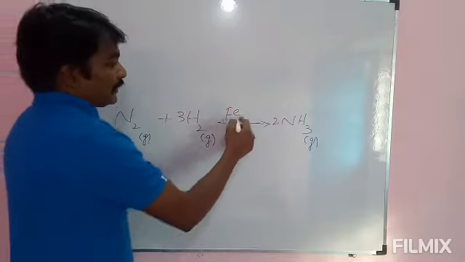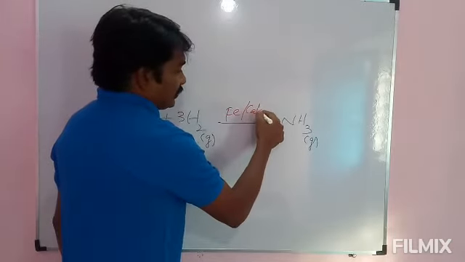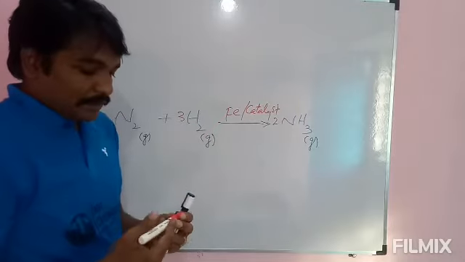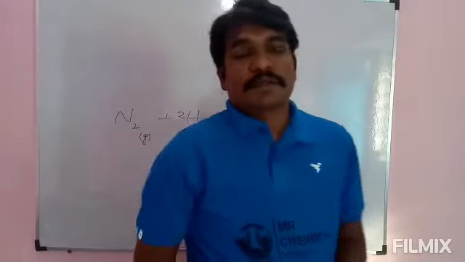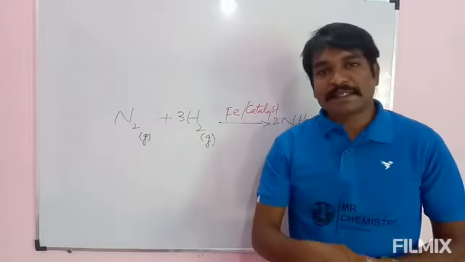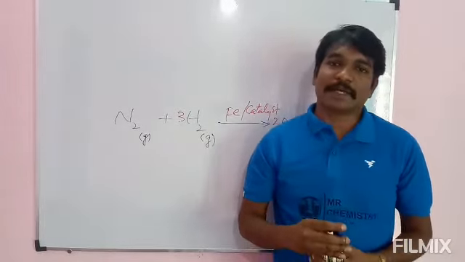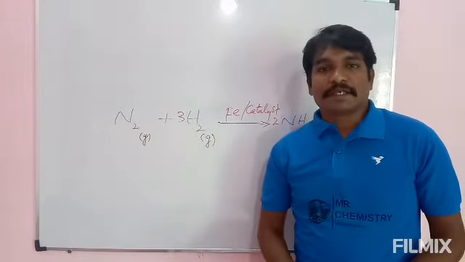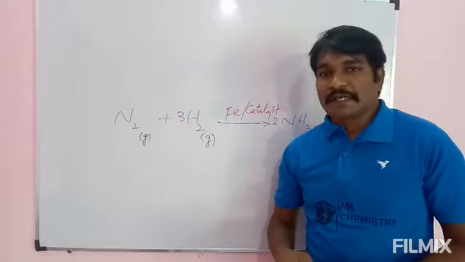Okay, iron is the catalyst here. What is a catalyst? A catalyst is the substance which alters the chemical reaction. The alteration may be an increase or a decrease in the chemical reaction, but in most of the cases they increase the rate of reaction and they are called positive catalysts.